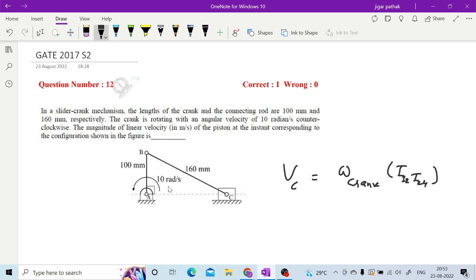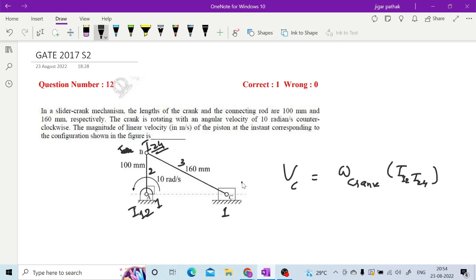Here if you draw the instantaneous center, your I24 will lie on the same point as I12. Sorry, I12 is here, I12 will be here only, because this is link 1, this is link 2, this is link 3 and this is link 4.